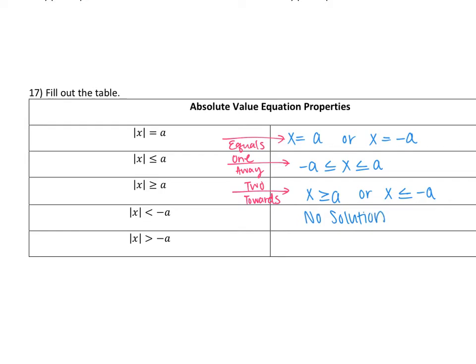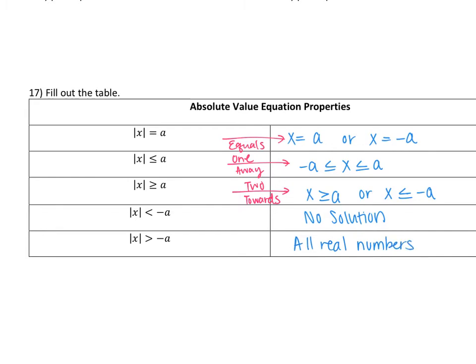Whereas if you have the inequality facing towards the absolute value sign, because it's a positive value, this will be true because a positive number is always bigger than a negative number. So this is always true. X can be any number or all real numbers.